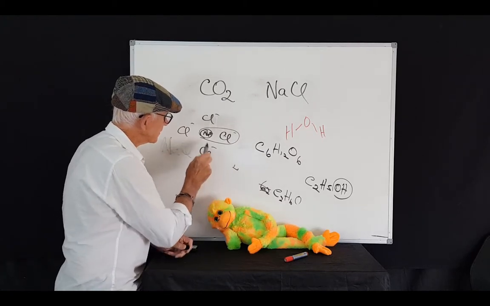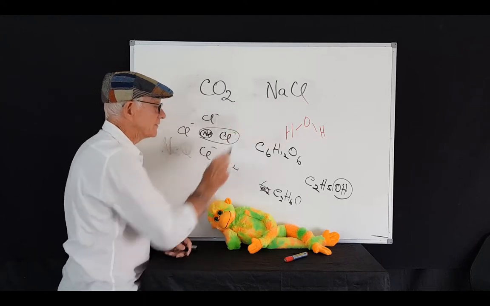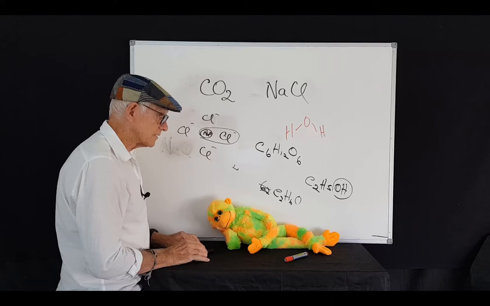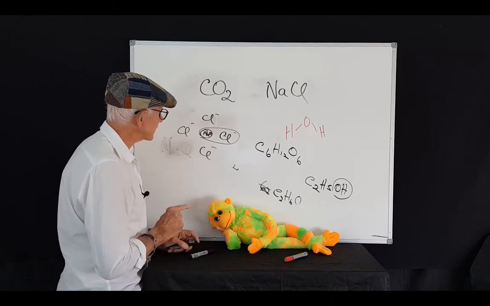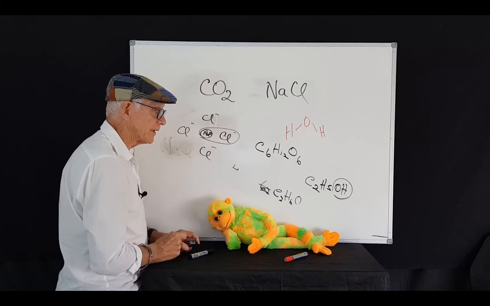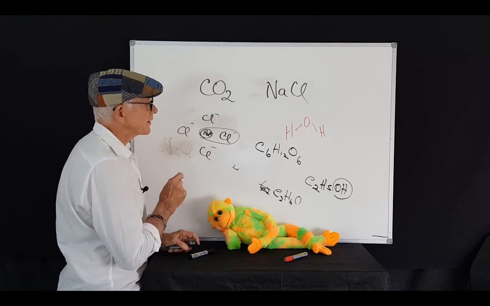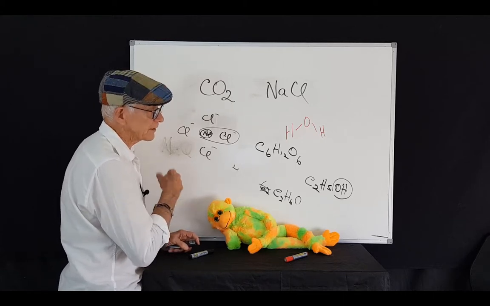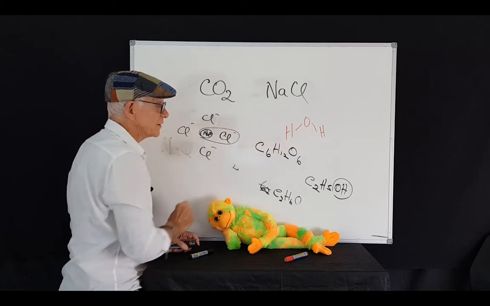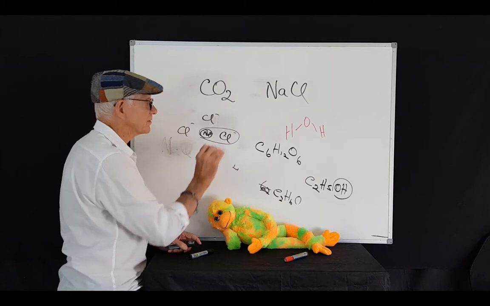So what on earth does this formula NaCl mean? In fact, all it can tell us is that in a crystal of an ionic compound, it tells us about the relative numbers of positive ions and chloride ions. This formula is not telling us about the composition of molecules of sodium chloride.